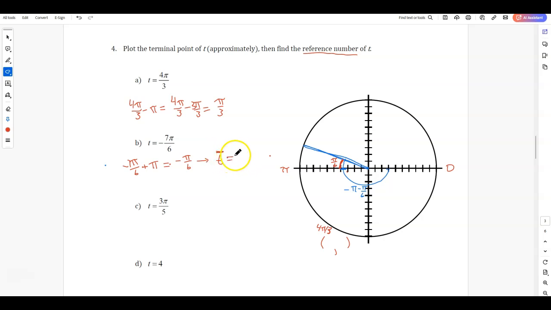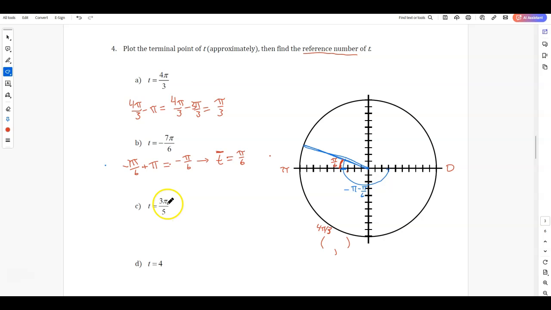They'll say that is a positive pi over 6 because reference numbers are always positive, right? So that's what we call it. It's positive pi over 6. So no matter where it is, right, just remember it's how far to get to the x-axis. And sometimes you can reason them out for things like that.